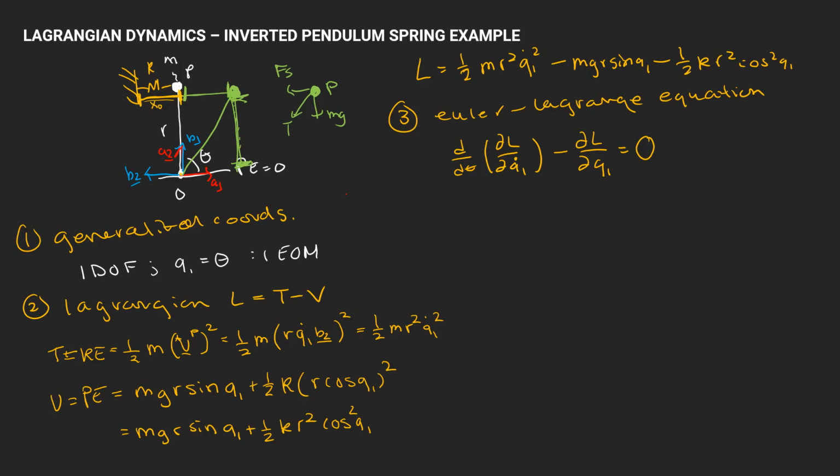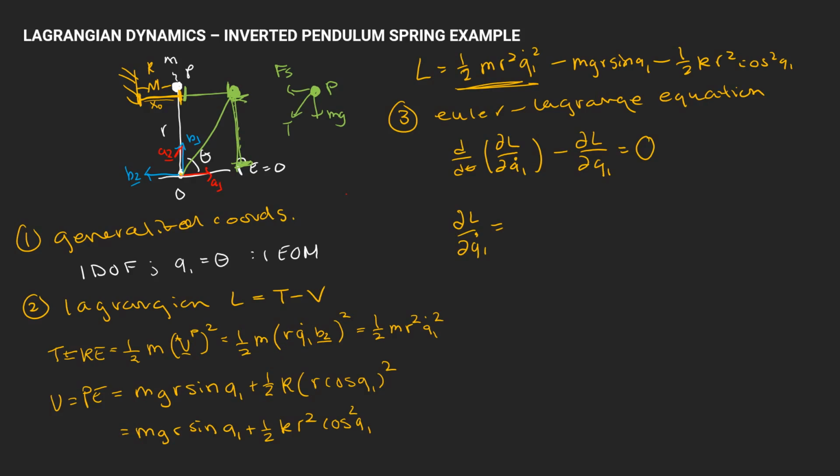So we can come back over here and calculate each of these terms in order to get our equation of motion. We'll start out by calculating the partial of L with respect to q1 dot. If we come up to our Lagrangian, we only have one term that has q1 dot in it.